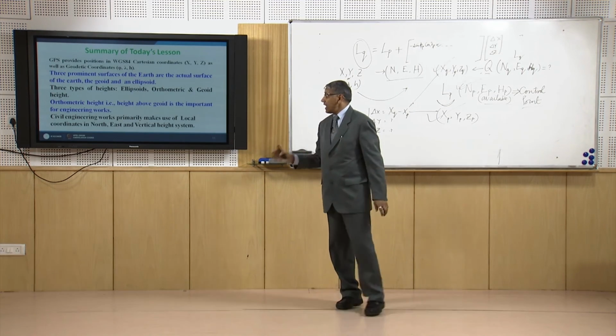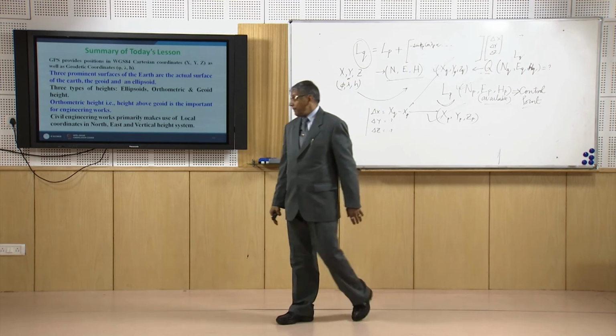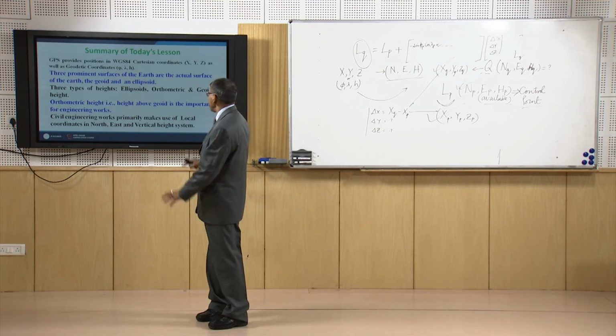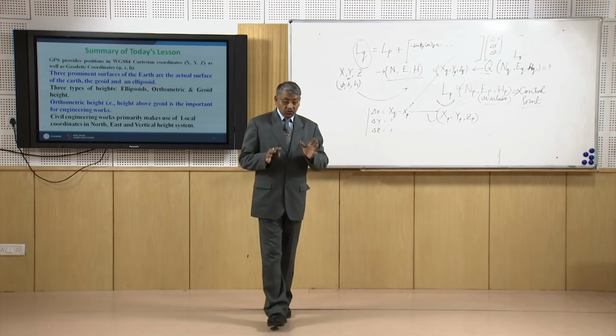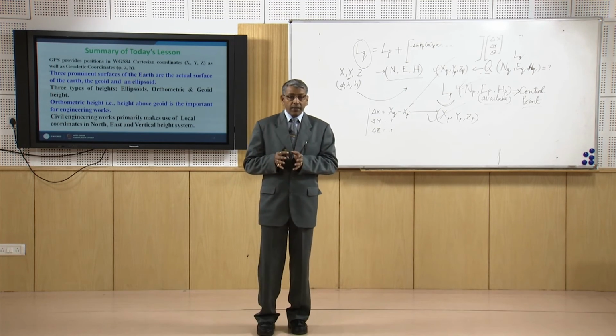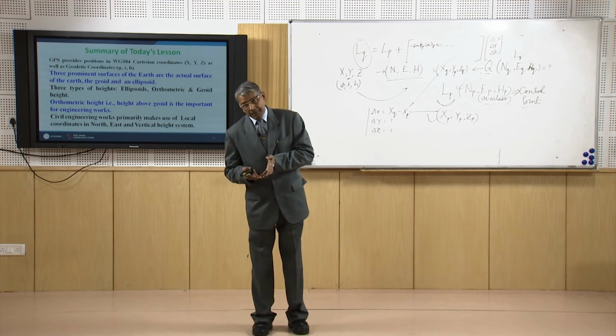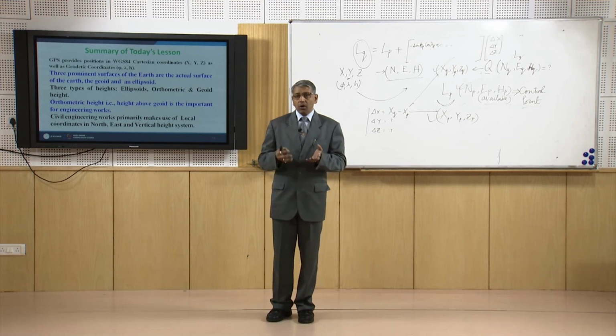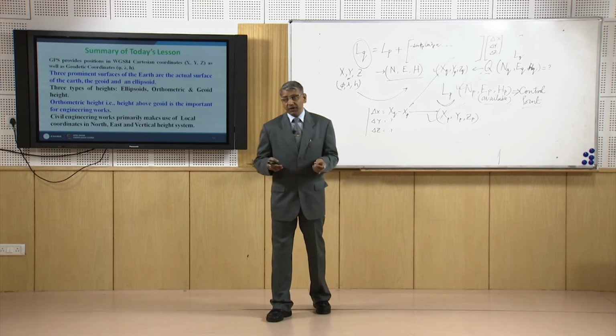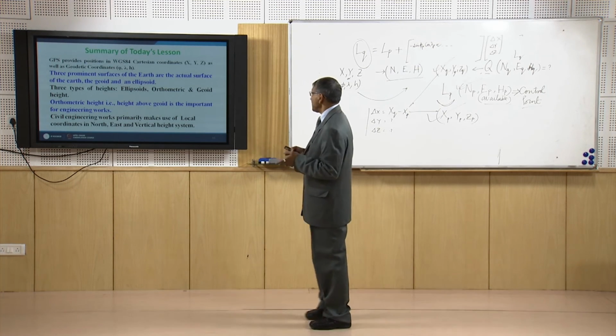With this I would like to complete today's lesson, but before that let me summarize. GPS provides position in a global reference system. We can get either or both Cartesian coordinates XYZ or geodetic coordinates lambda, phi, h: latitude, longitude and height.